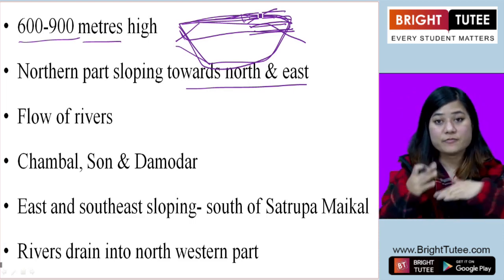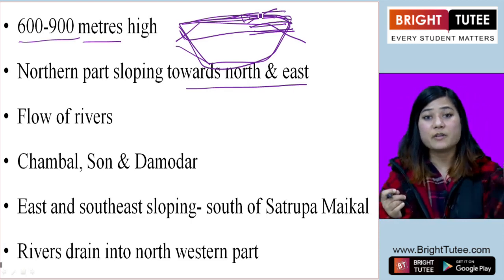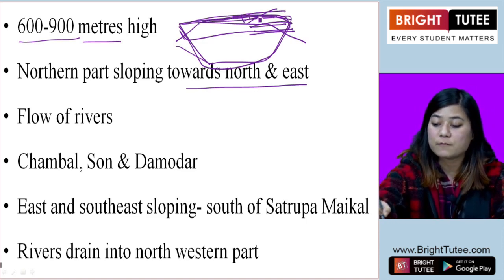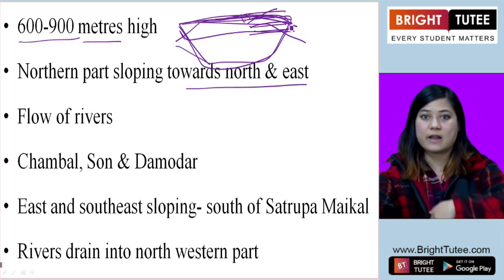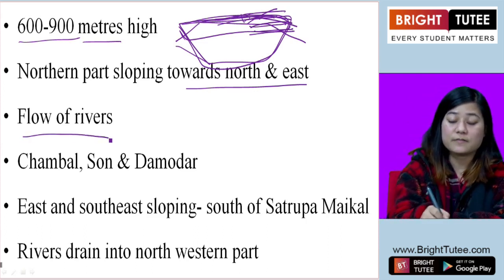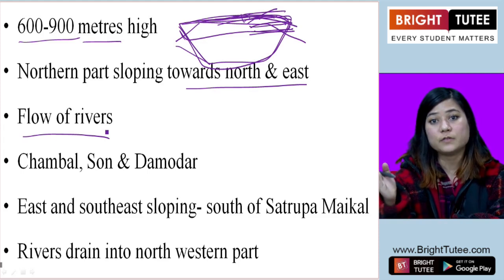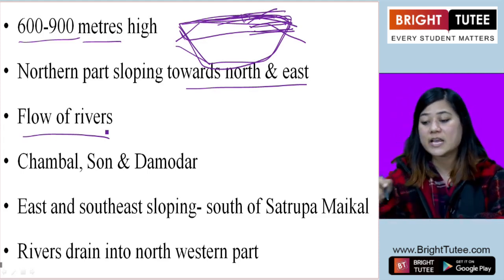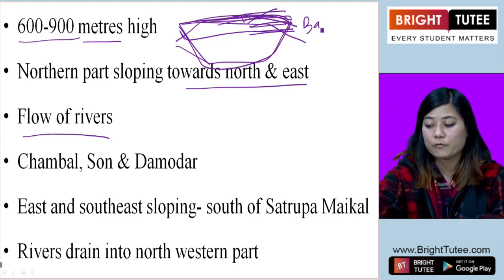As a result, the rivers that flow in this region also flow towards the sloped area. Many of the rivers flowing in this part of the plateau flow along the slopes and drain into the Bay of Bengal.